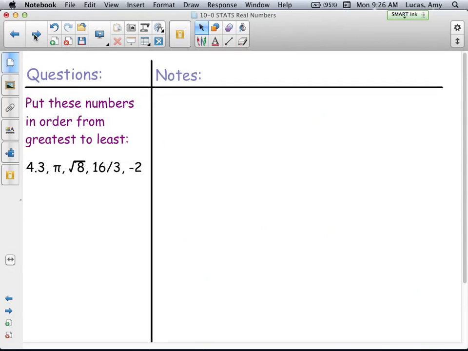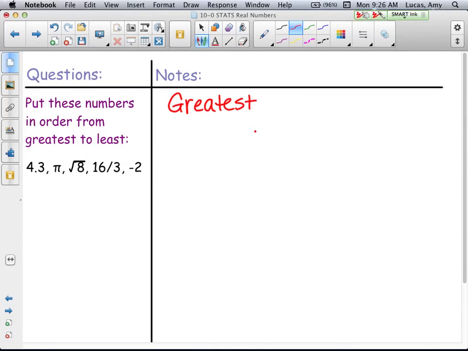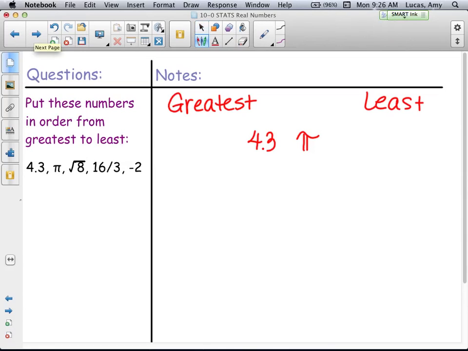Put these in order from greatest to least. From greatest to least. Well, 4.3, so we're trying to go from greatest to least. So I know 4.3 as a decimal is bigger than pi because pi is 3.14. So I'm going to write that by pi, 3.14.